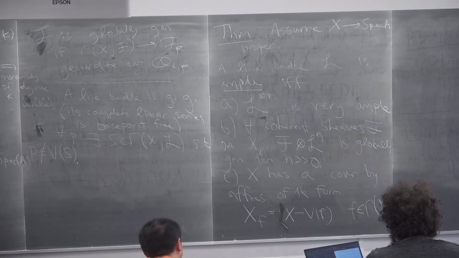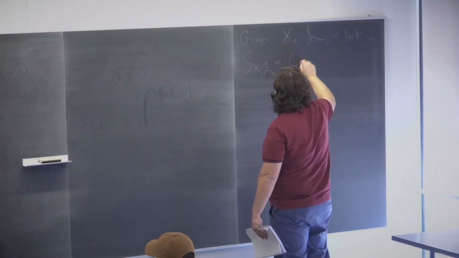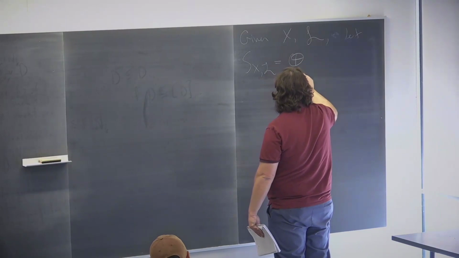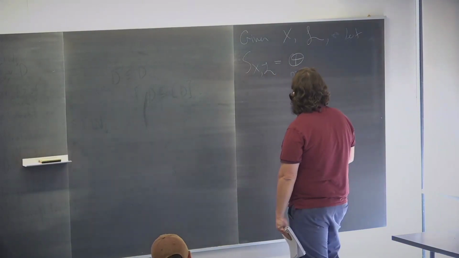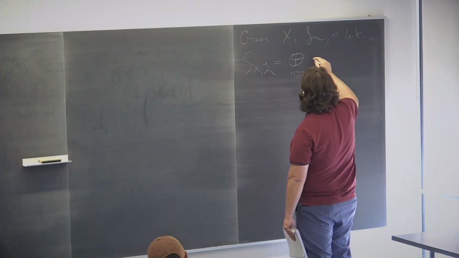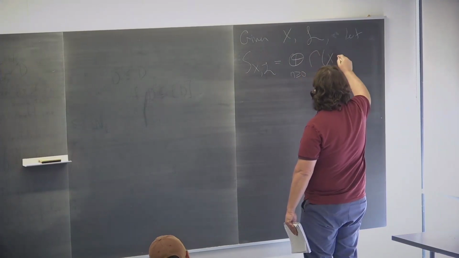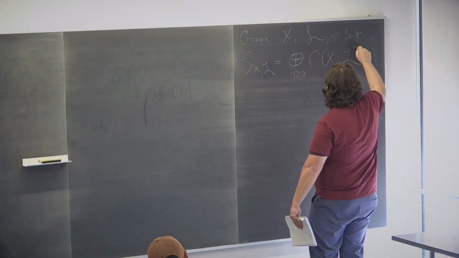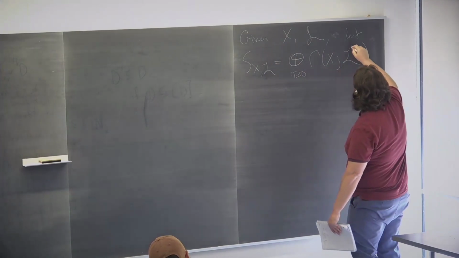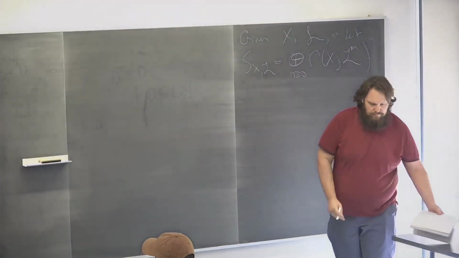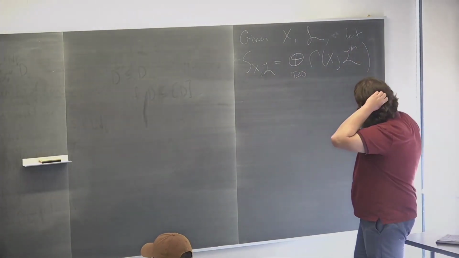So given X and L, let S_{X,L} be the sum over all non-negative integers n of the sections of the tensor powers of L. So this is a graded ring.